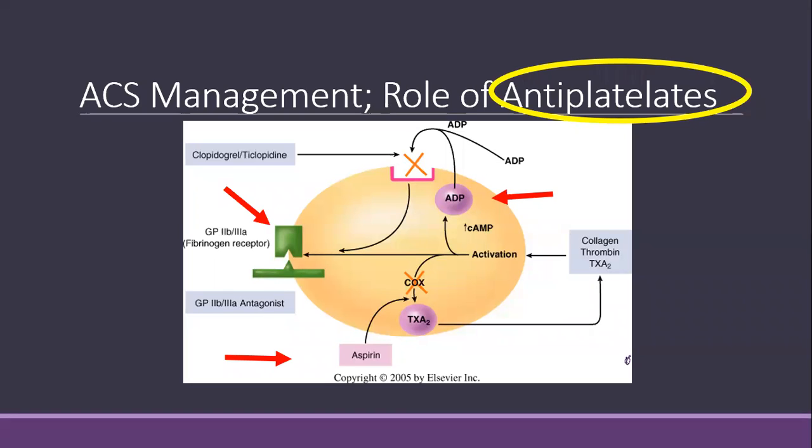There are various drugs that block these. So we have got three antiplatelet blocking mechanisms. One is the thromboxane pathway blocked by the aspirin, the cyclic AMP pathway blocked by the clopidogrel, and the GP2B3A pathway blocked by the GP2B3A inhibitors. So you have to block these pathways.